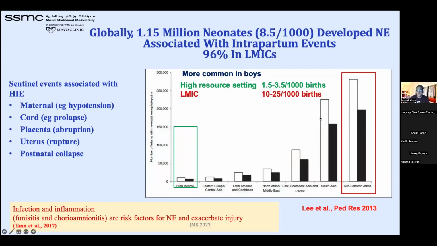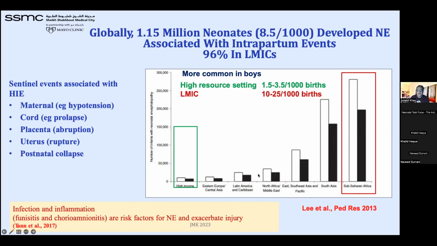The white bar is the boys and the girls are the black bar. As you can see, sub-Saharan Africa is very high. South Asia is number 2, which is our region. Then East Asia, which is Malaysia, Indonesia, Java Islands, and the Pacific.